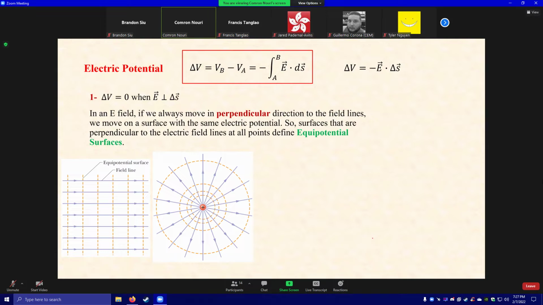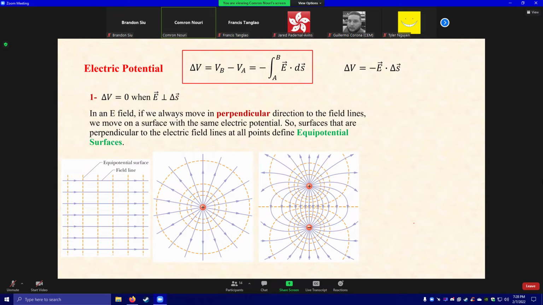The equipotential surfaces are spheres centered at the point charge, because the sphere is always perpendicular to the electric field line at all points, right? If you go perpendicular to the field lines, you have to move on the surface of a sphere. So in this case, equipotential surfaces are spheres.